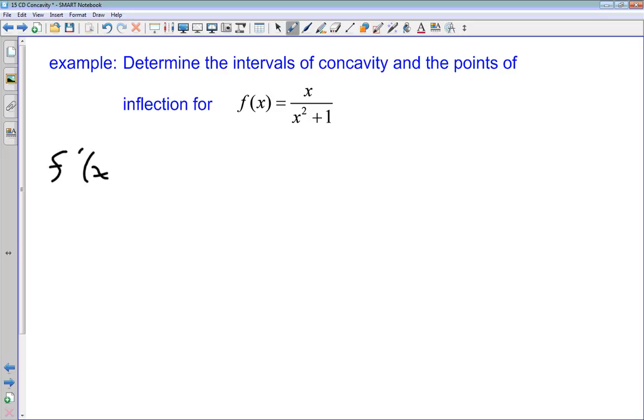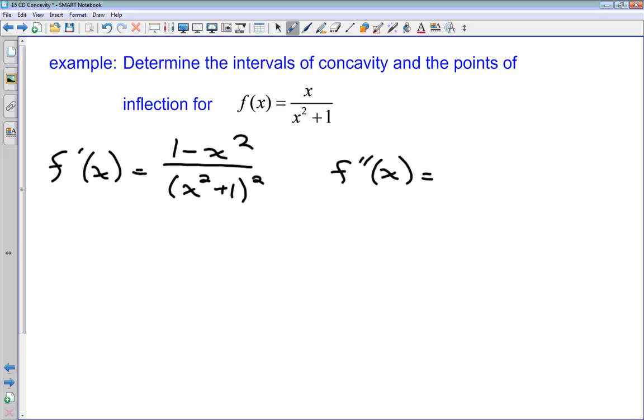So our first derivative would be this. Then we would go ahead and take the second derivative of that, and we'll have negative 2x times (3 minus x squared), all over (x squared plus 1) cubed.